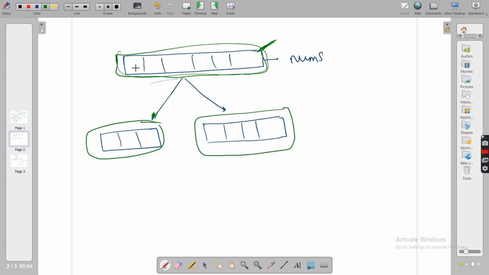So what I mean by this: in your brute force, if you are able to get a solution, and the condition is that if I divide this array space into two parts, into two different arrays, and if I traverse this array and this array separately, I'll get my answer. So here comes the simple logic of two pointers.